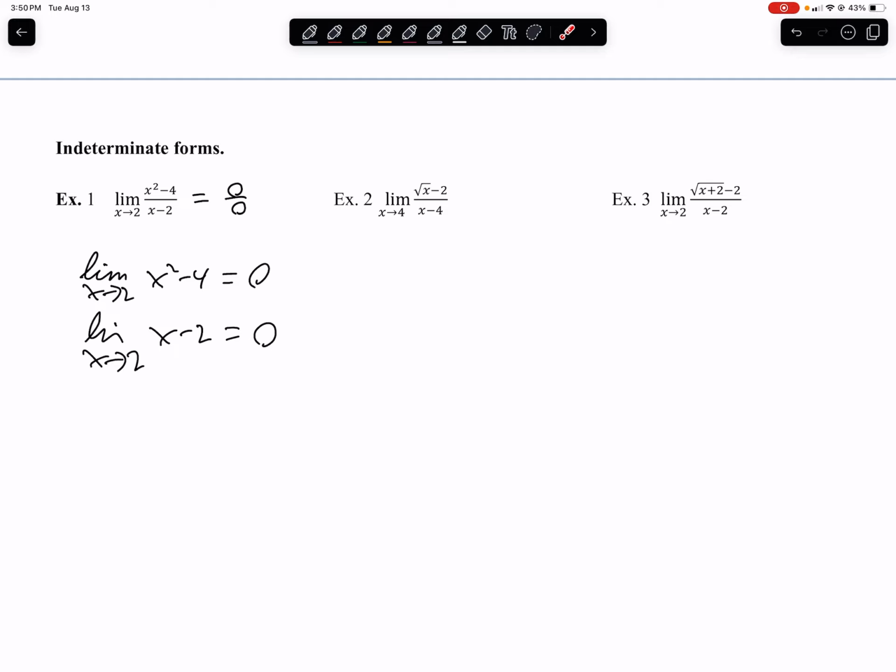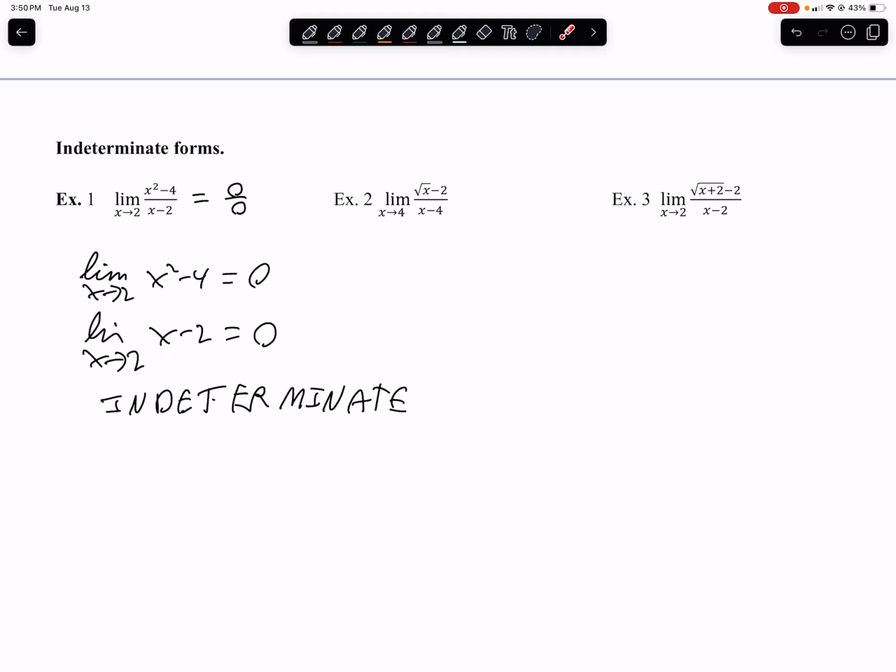When the limit of the top approaches 0 and the limit of the bottom approaches 0, that is called indeterminate. I think of it as I'm not able to determine it. It's an indeterminate form. Anytime you have a limit of 0 over 0 or infinity over infinity, it is known as an indeterminate form.